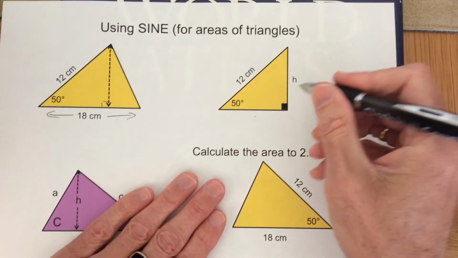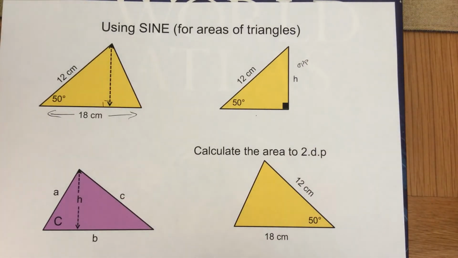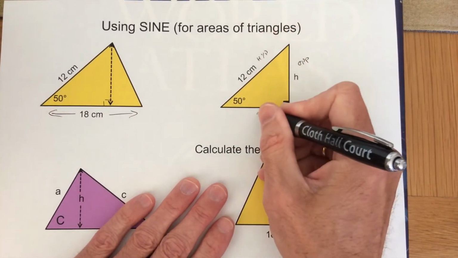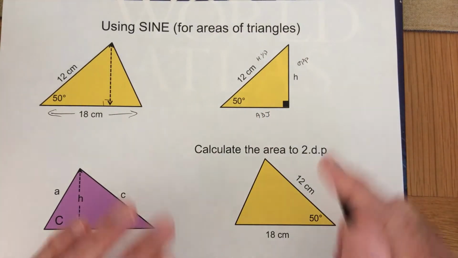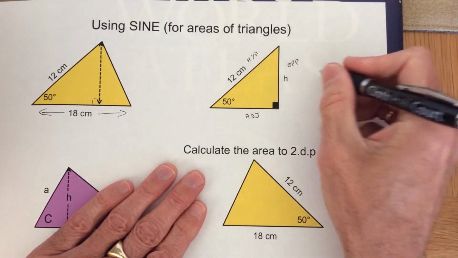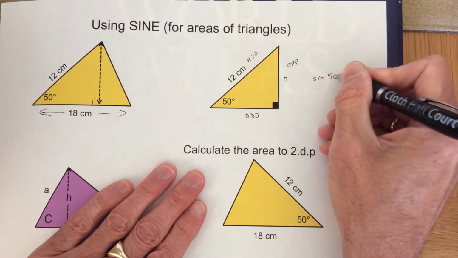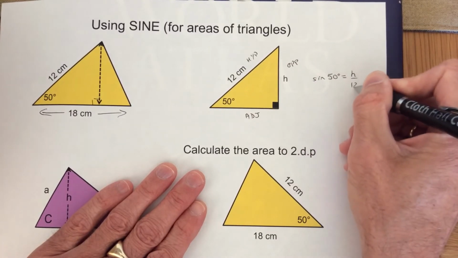So label the sides, that's the opposite, as it was before. That's the hypotenuse, the adjacent again, I'm not going to use that. It's a bit redundant. So what I'm going to write here is sine 50 degrees equals h over 12.